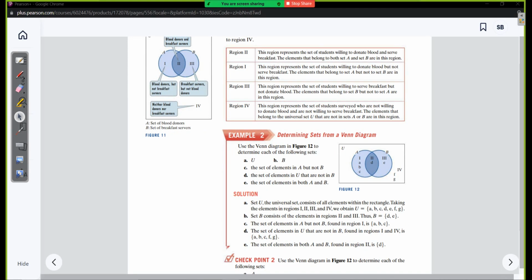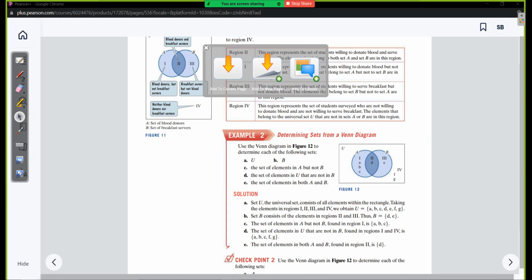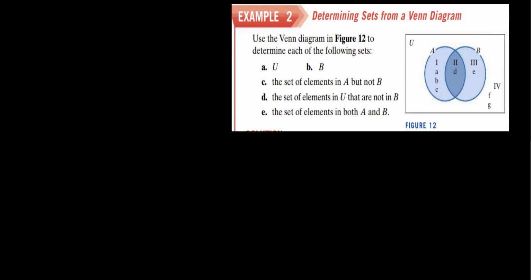But we're going to jump into example 2. Example 2 reads, use a Venn diagram in figure 12, and let's make it a little bit larger so we can see what is exactly in these particular sets. Hopefully we can fit in some computation here.